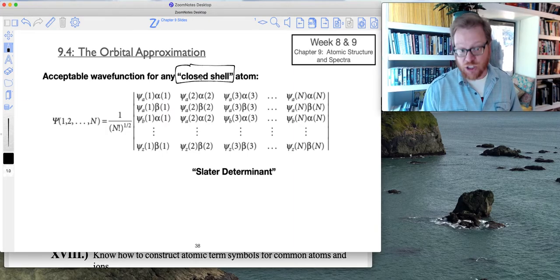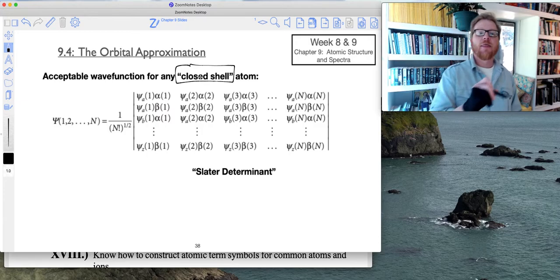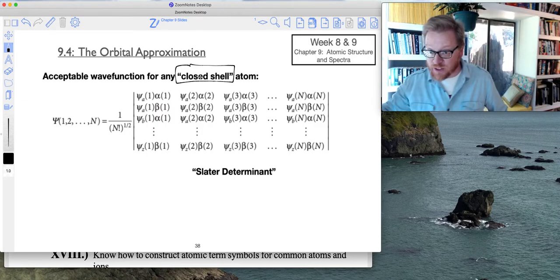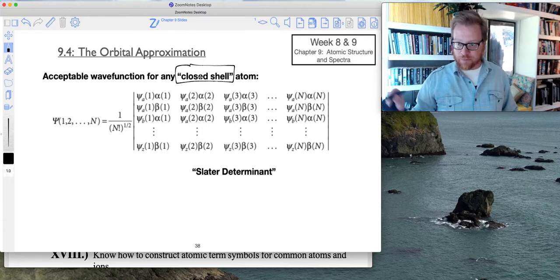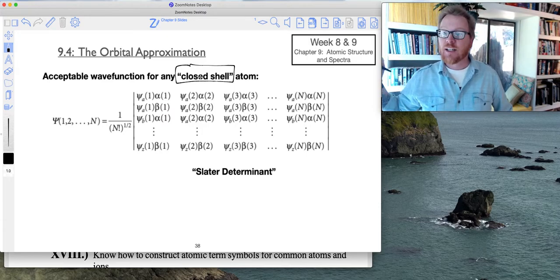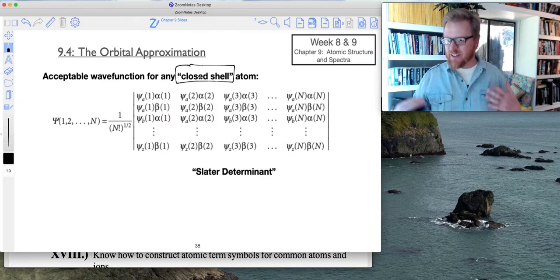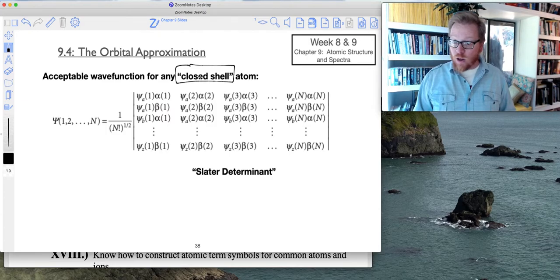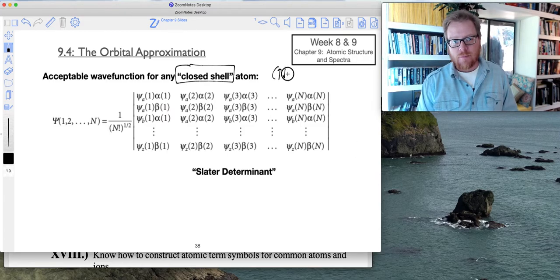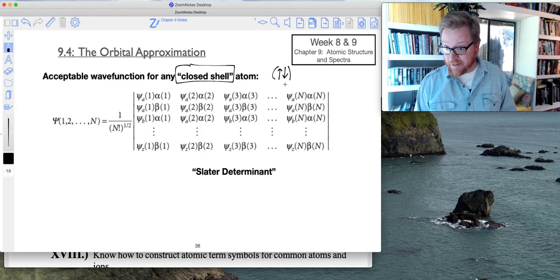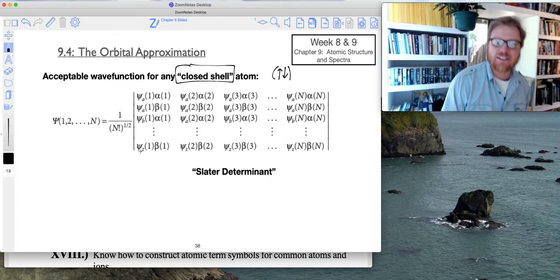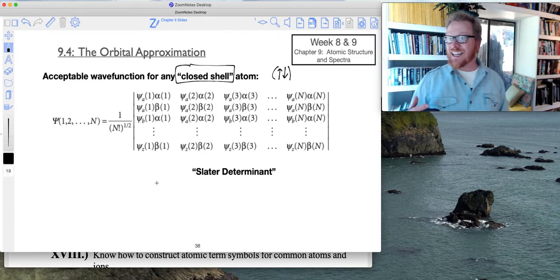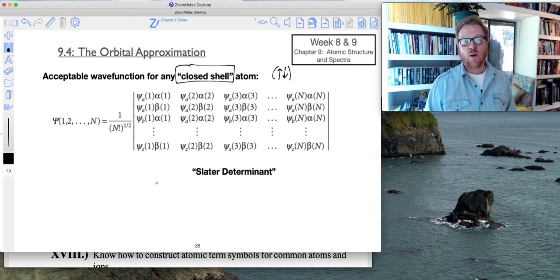And by closed shell, we recognize that a shell, for example the K shell, the L shell, or the M shell, if it's entirely occupied by electrons, has to be described by a spin correlated state. And this matrix gives us our only singlet possibility to describe that wave function.